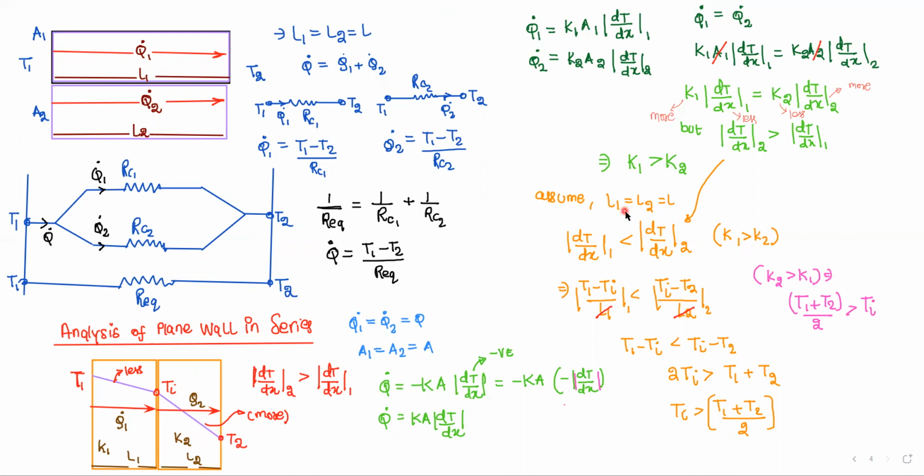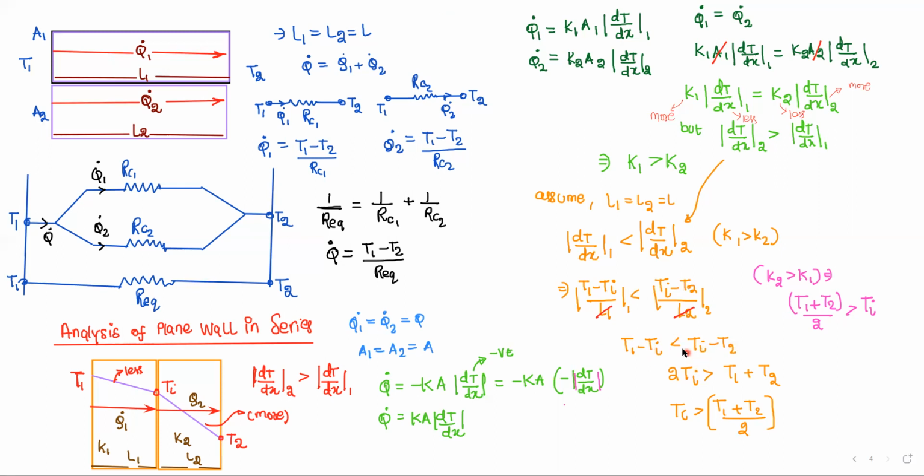In some cases we can have L1 and L2 the same. So we have seen that dT by dx1 is less than dT by dx2, so in this case k1 was greater than k2. We can write dT by dx as T1 minus Ti by L1 is less than this. L1 and L2 are the same, so this term will get cancelled.